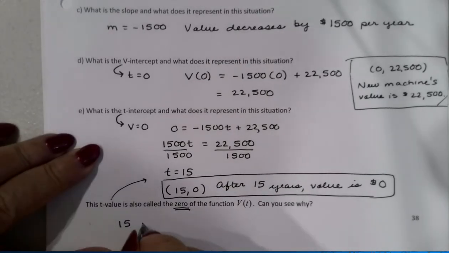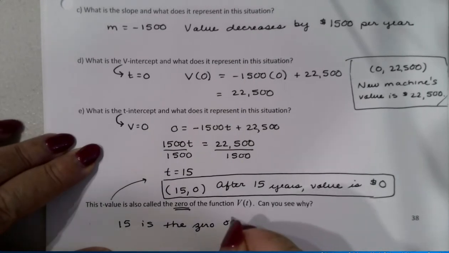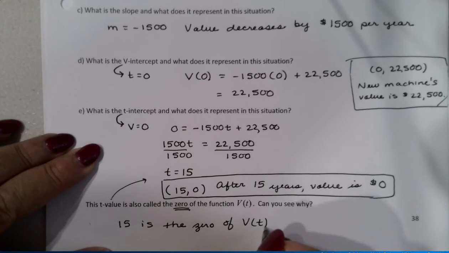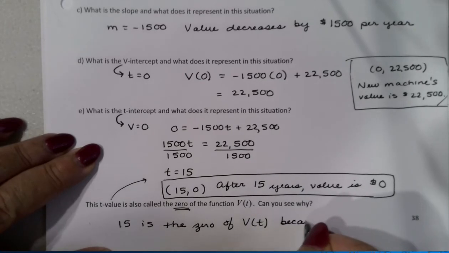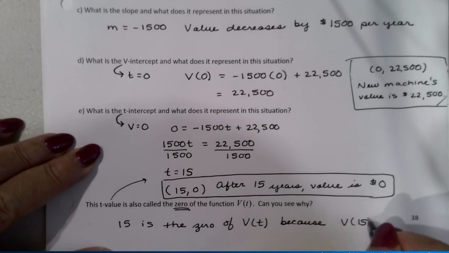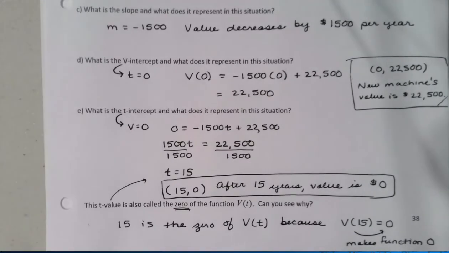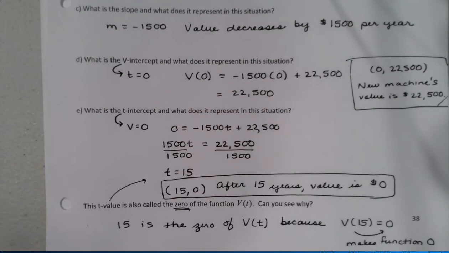So we say 15 is the zero of our function v of t, because v of 15 makes the function 0. We'll talk about zeros a lot this semester, so it's a good vocabulary to start introducing.